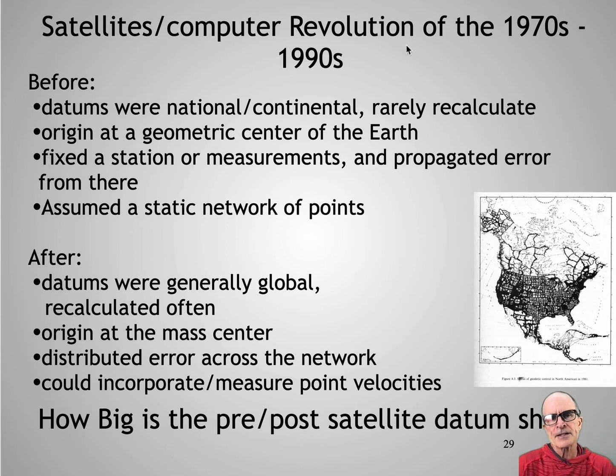Right? This satellite computer revolution, basically the VLBA plus the GPS plus the ability to compute these new datums quickly changed the way we go about thinking about datums and coordinate systems.